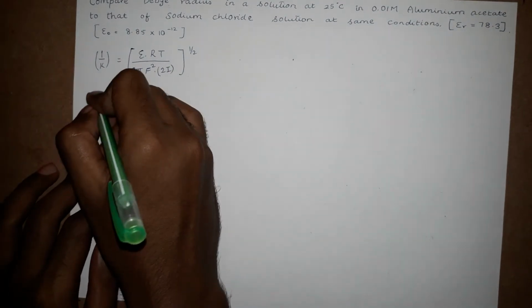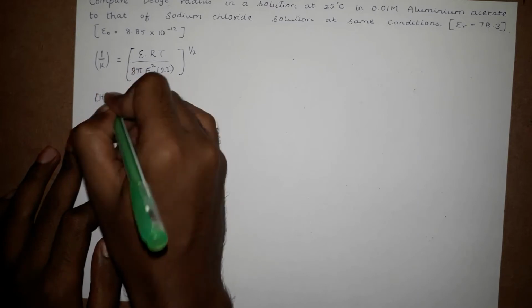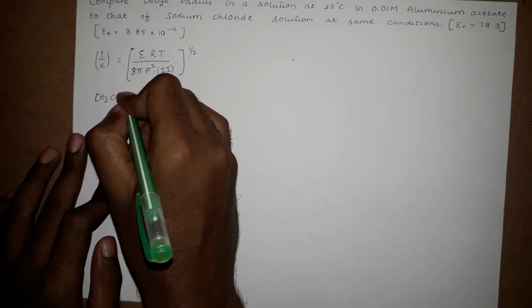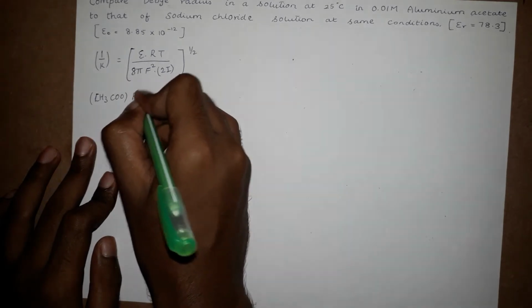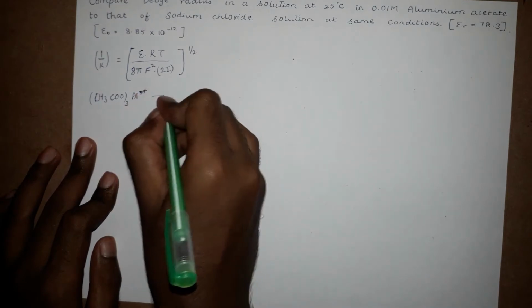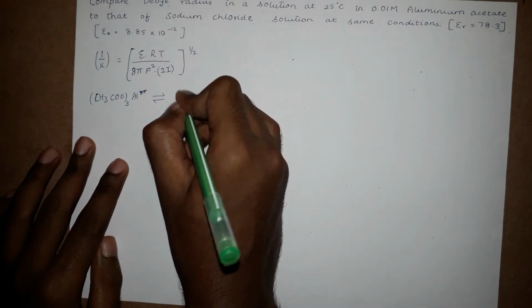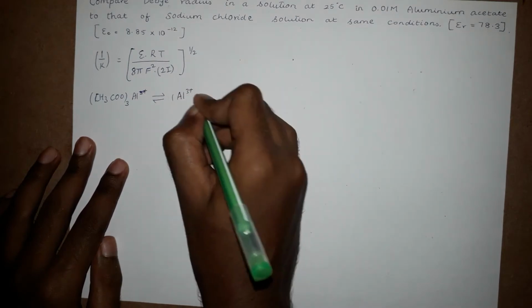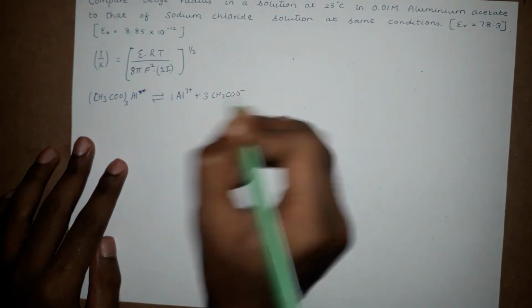So aluminum acetate, Al(CH3COO)3, on dissociation becomes 1 Al3+ and 3 CH3COO minus.